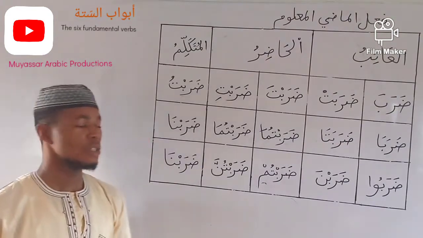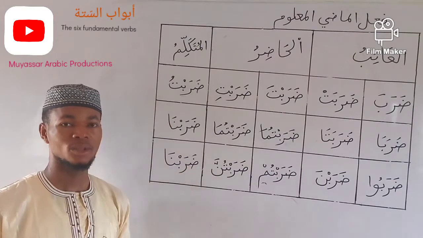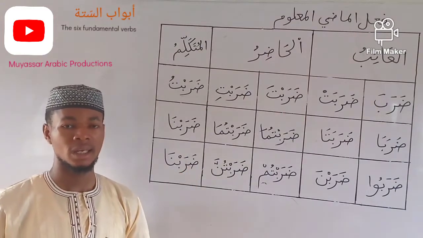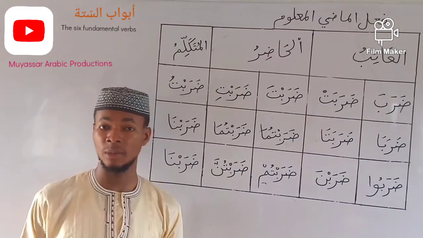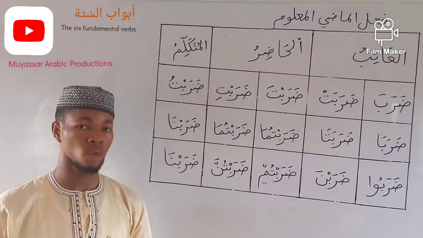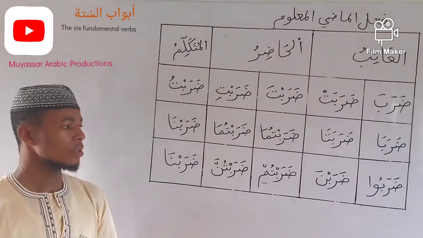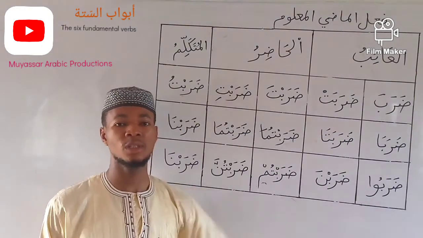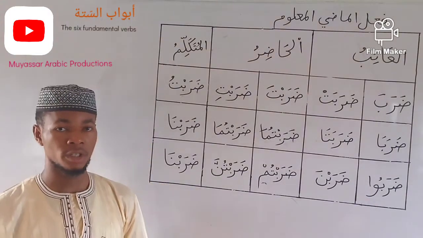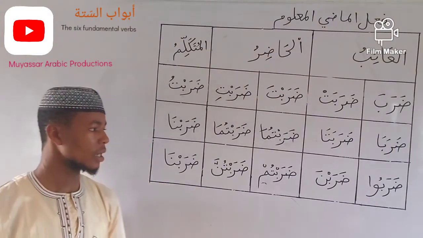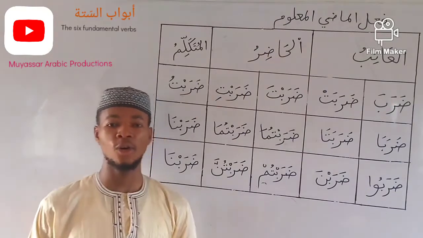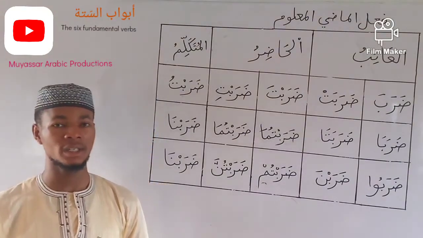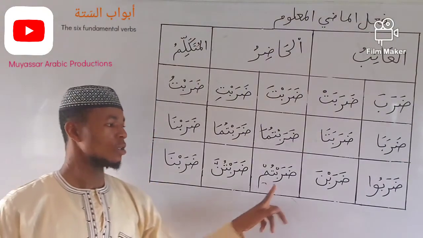Meaning a male can say duribna, we were beaten, and also a female can use the verb duribna to say we were beaten. Now the next is duribu, meaning all of them were beaten in masculine gender. Duribna, all of them were beaten in feminine gender.